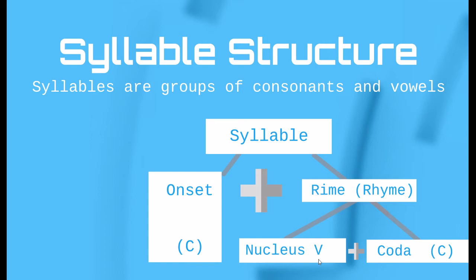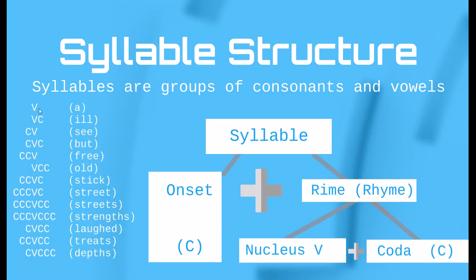Let's say almost every syllable in English has a vowel. So this is the nucleus. Syllables can also have an onset, which is a consonant, or a coda, which is a consonant. Now, this gives you some examples of syllables that are possible in English.